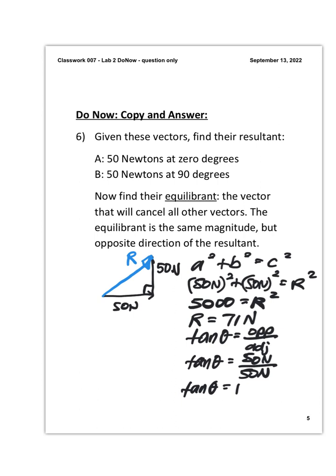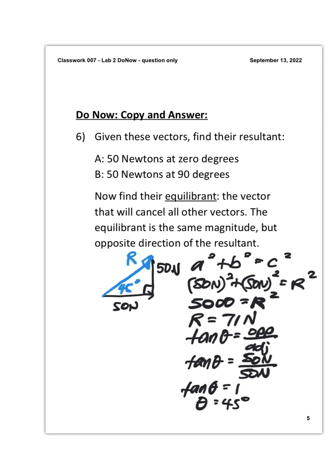The two sides are 50 and 50, so it's a 45-degree right triangle. If you take the inverse tangent of 1, you get exactly 45 degrees. So the resultant would be northeast, 71 newtons at 45 degrees.